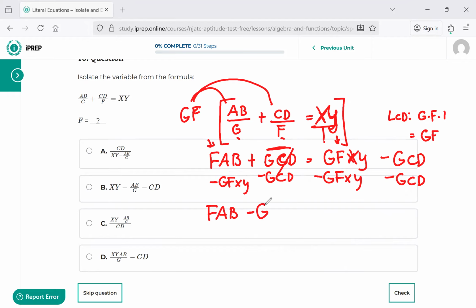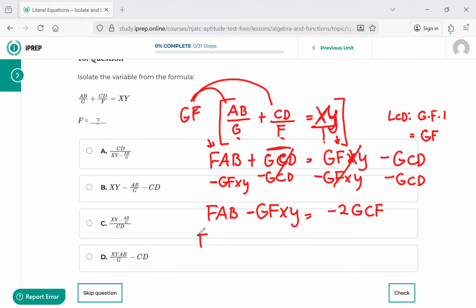minus GFXY. And then this cancels. But over here, you have a GCD minus GCD. Isn't that the same thing as negative 2 GCD? Yeah, and then over here, on the left side, see how they both have an F?